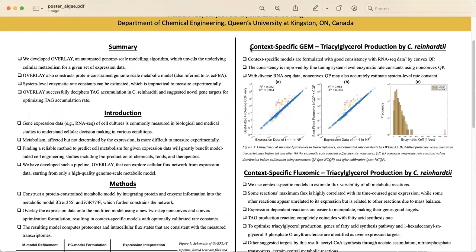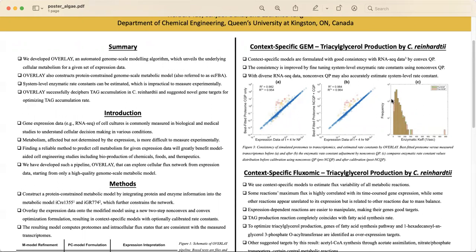We can see how well the model is interpreting the data, or how well the model is taking up the data, because we are doing optimization that minimizes the difference between the experimentally measured expression and the protein in the model. The non-convex QP reduces this difference by adjusting the enzymatic rate constant. We call it k effective.